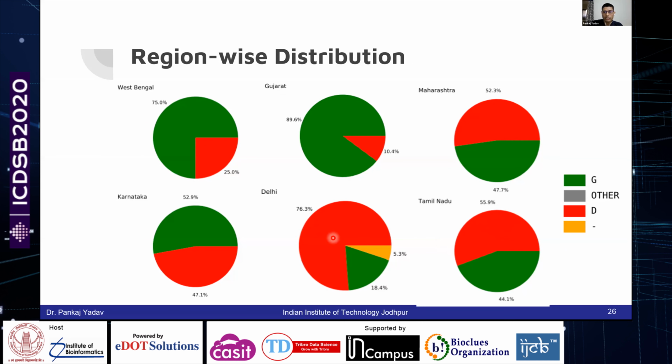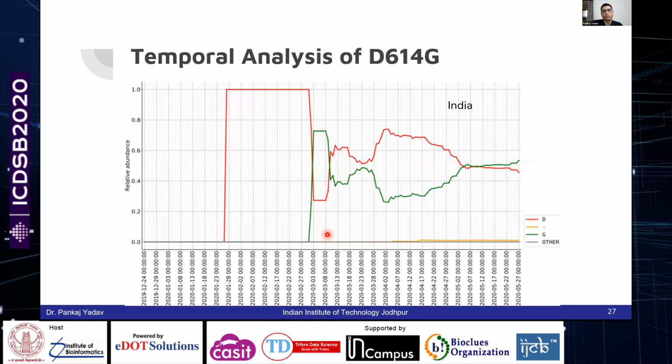Delhi has now done a good job in controlling the spread of the virus, though we can still see that these are probably some data that explain that the viral infectivity was also higher in Delhi. If you look at the temporal analysis of G, I think I have just one or two more slides.